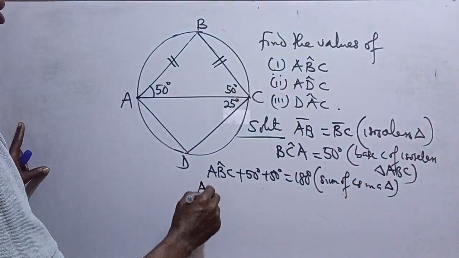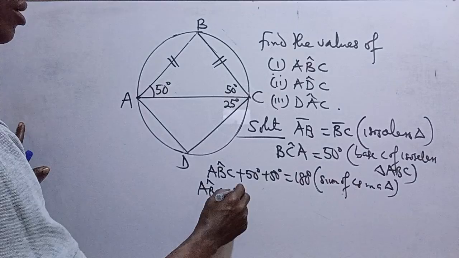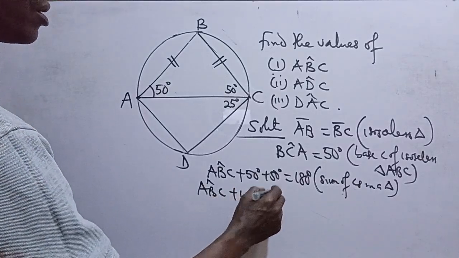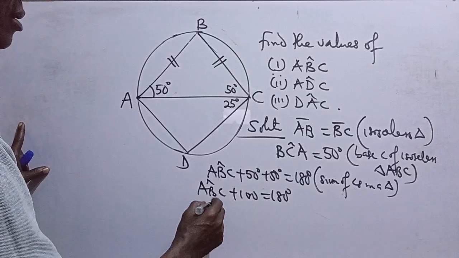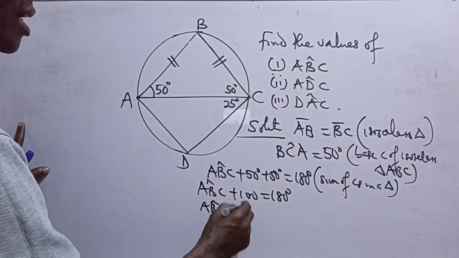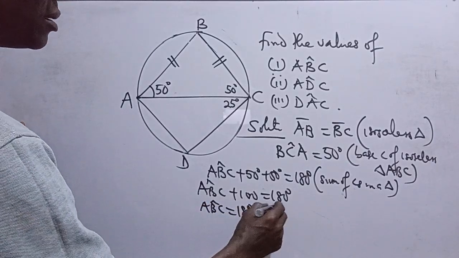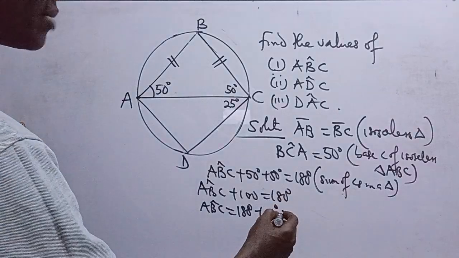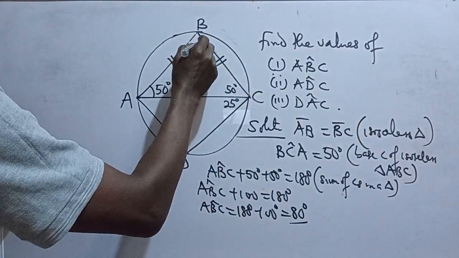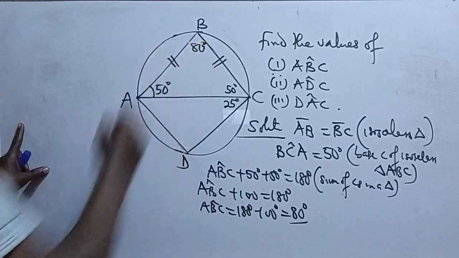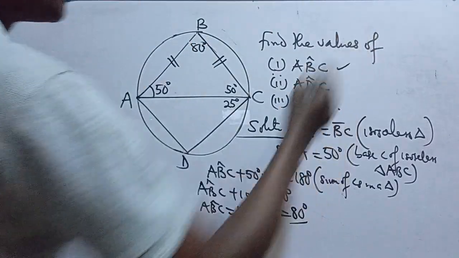So ABC plus 100 is equal to 180 degrees, so ABC equals 180 degrees minus 100. When you take 100 to that side, it becomes minus. So this is 80 degrees. So we have gotten the first one, ABC.